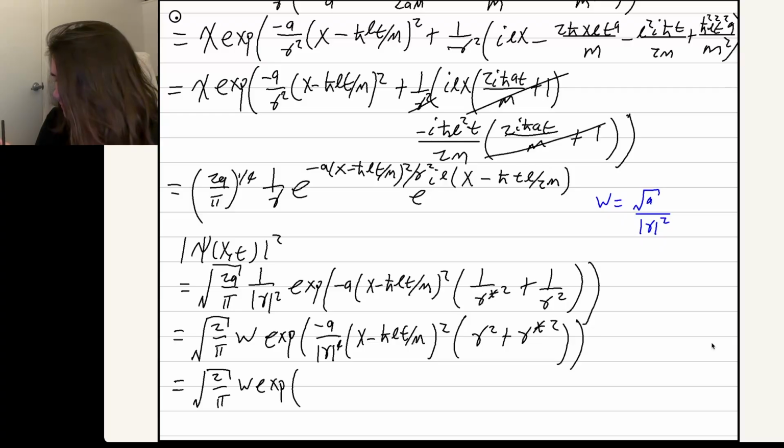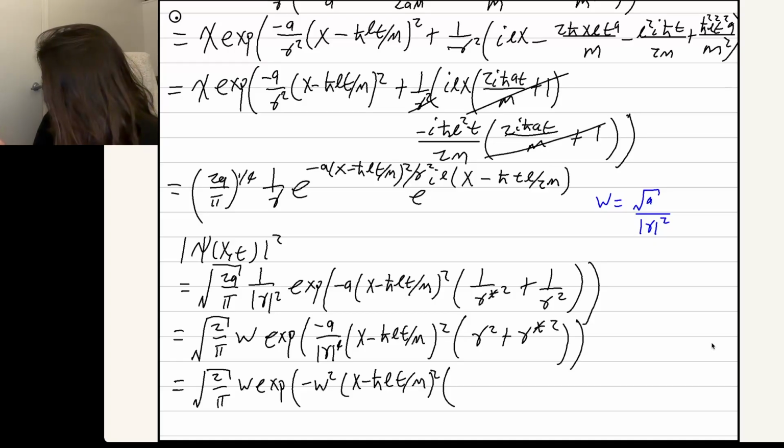But this is now just minus w squared times this thing, and this ends up being 1 plus 2ih bar at over m plus 1 minus 2ih bar at over m.